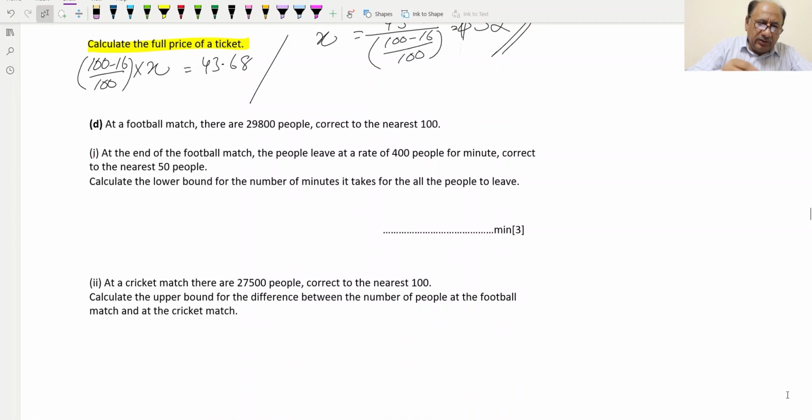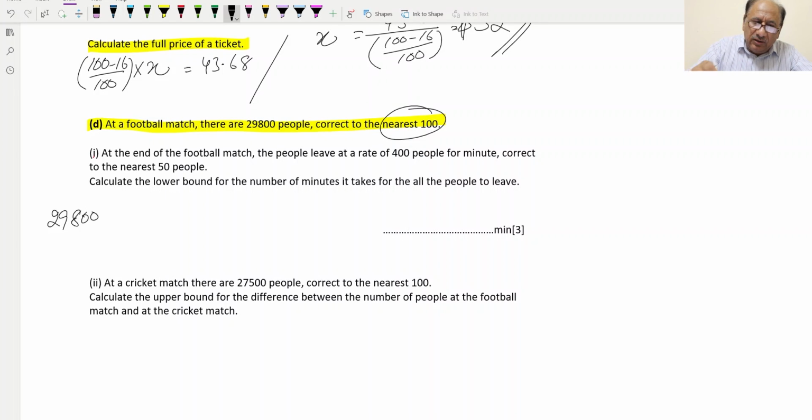And then D part. D part says at a football match there are 29800 people, correct to the nearest hundred. So this is a lower bound upper bound question. We can check for the lower bound and upper bound. 29800, and they're saying nearest 100.